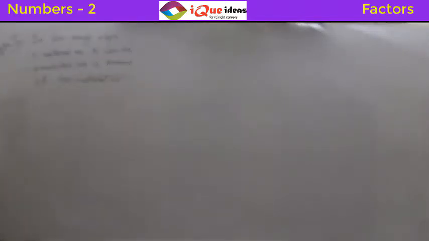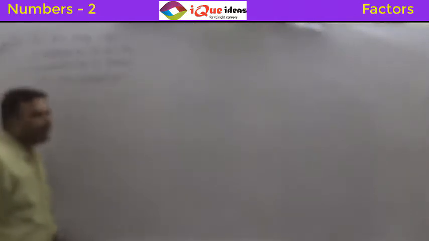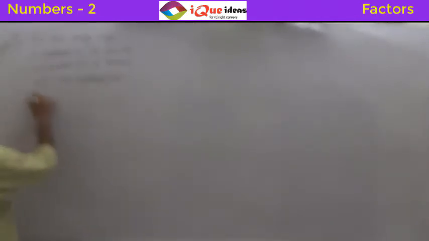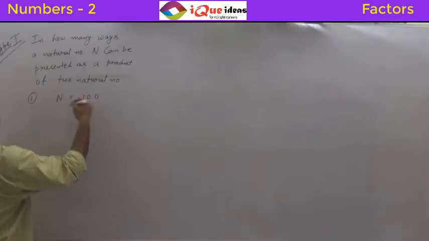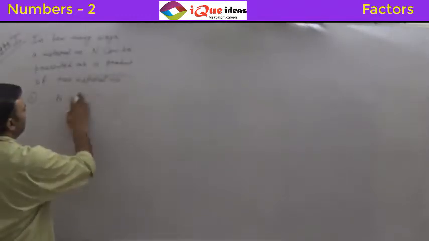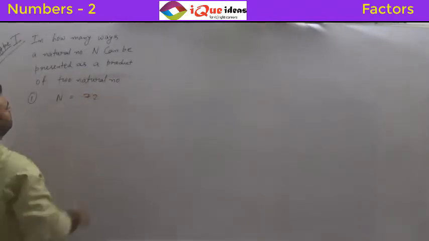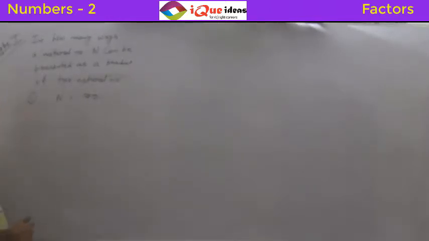Alright. And now we'll take different values of n. So first question, let's say if n is 100. Or not 100, let's take a smaller number, 72. So in how many ways can a natural number be presented as a product of 2 natural numbers?